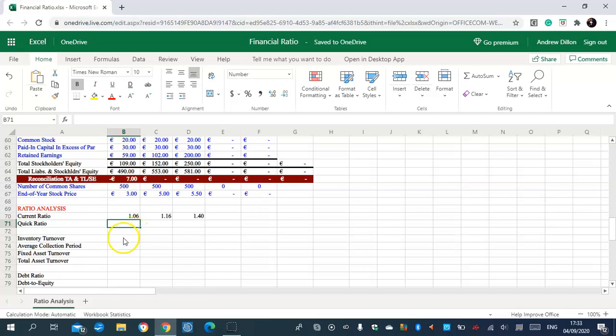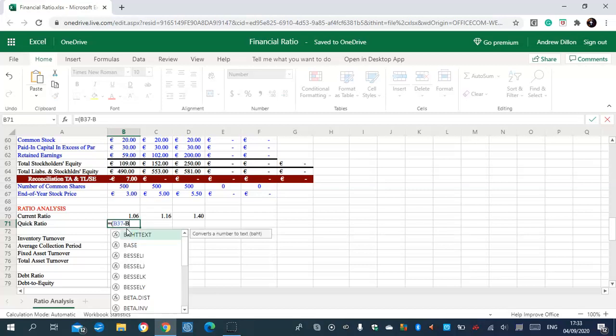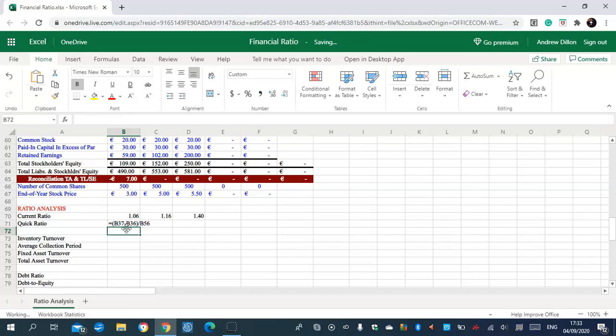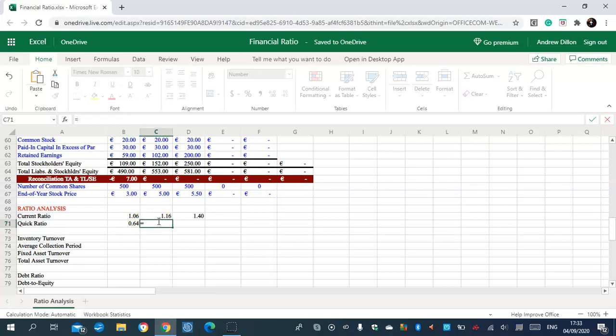Okay, quick ratio is the next step. Yeah, this will be an if statement.